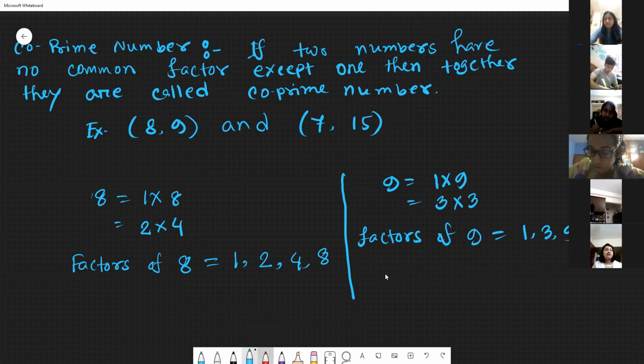What we see in between them? The factors of 8 are 1, 2, 4, 8, and factors of 9 are 1, 3, 9. So there is only one common factor in between them, which is 1.